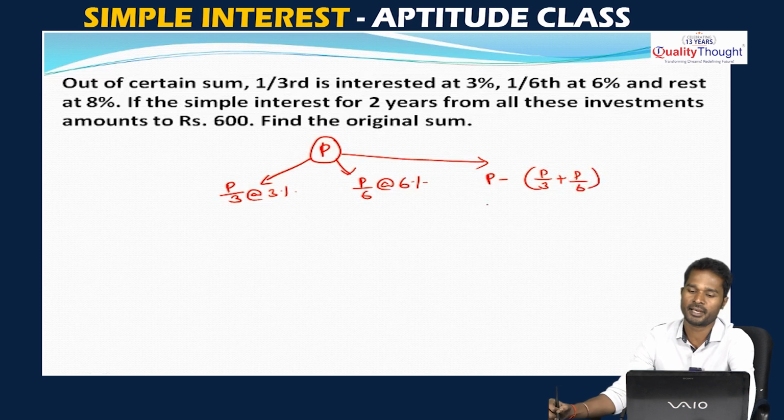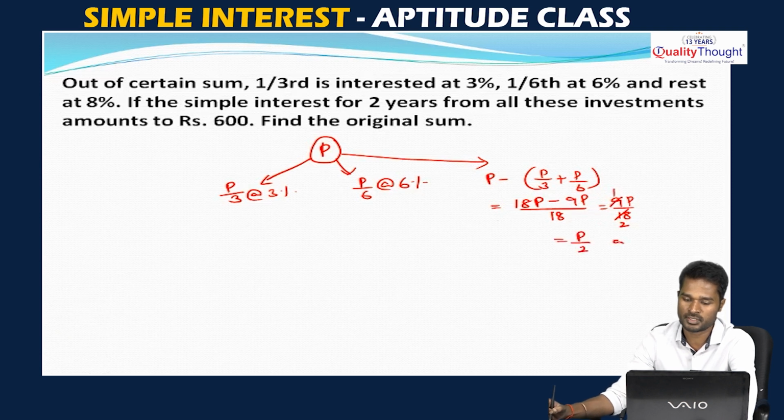You can calculate it directly, which is 9 by 18, that is 1 by 2, or this is 18P, 6 3s are 18, 9P by 18, which is P by 2. So, P by 2 is the amount which is at 8 percent.